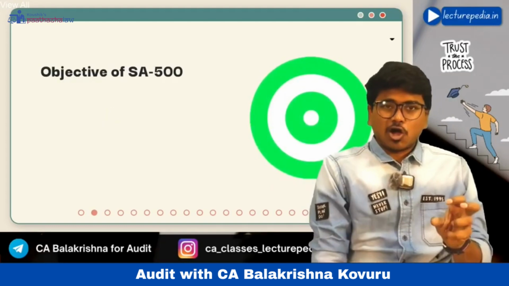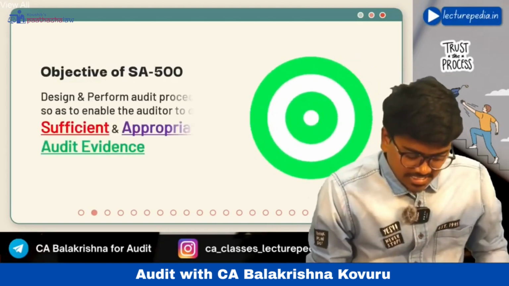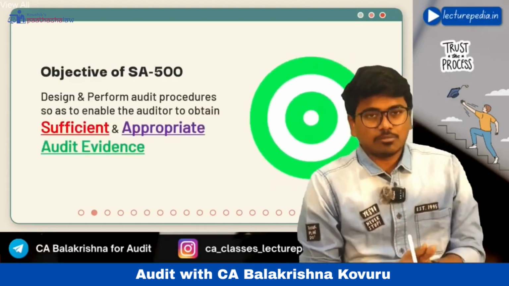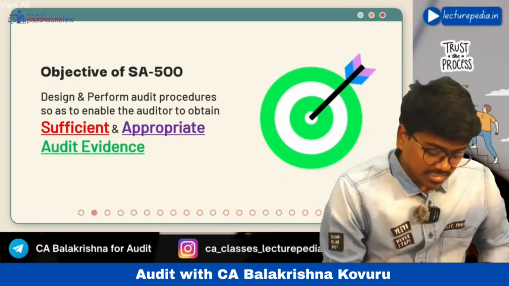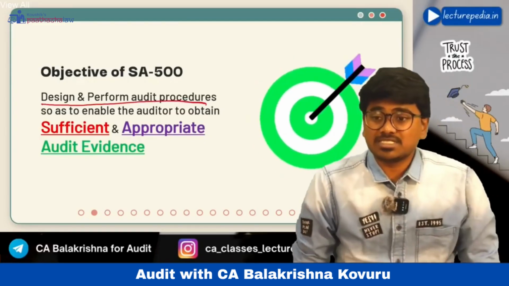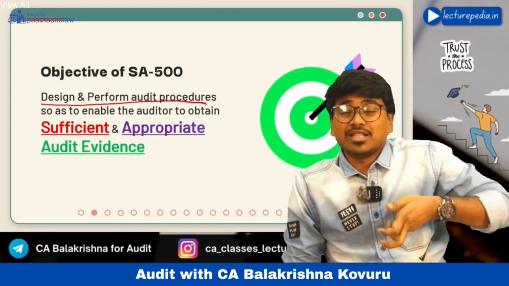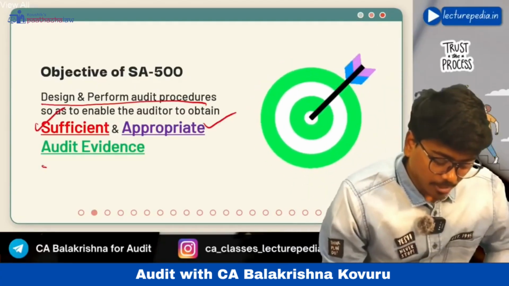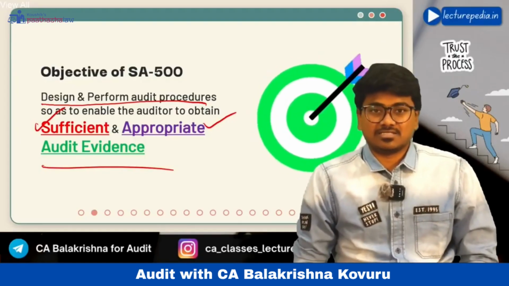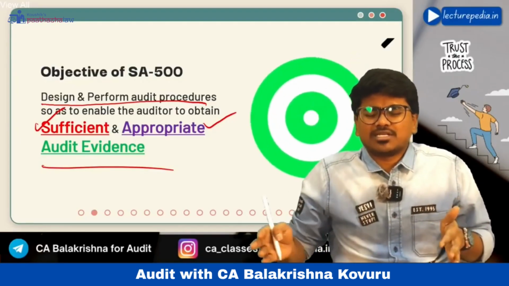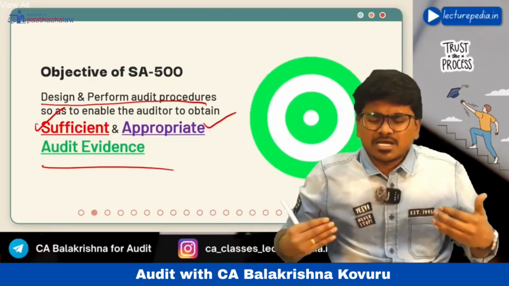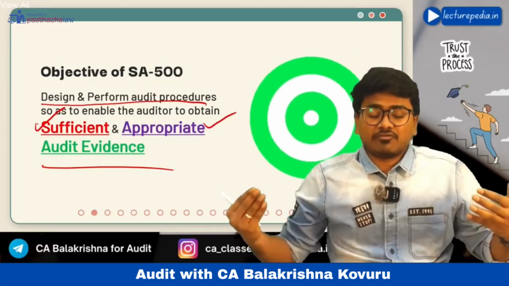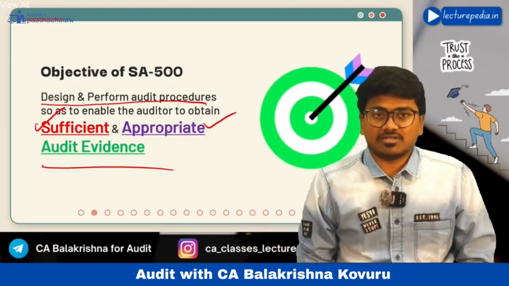Now, what is the objective of SA 500? The objective of SA 500 is to design and perform audit procedures that will enable the auditor to obtain sufficient and appropriate audit evidence.